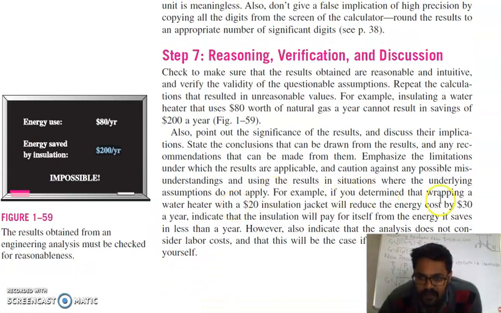For example, if you determine that wrapping a water heater with a $20 insulation jacket will reduce the energy cost by $30 a year, it indicates that the insulation will pay for itself from the energy it saves in less than a year. However, also indicate that the analysis does not consider labor cost. So you have to check whether your results are compatible.